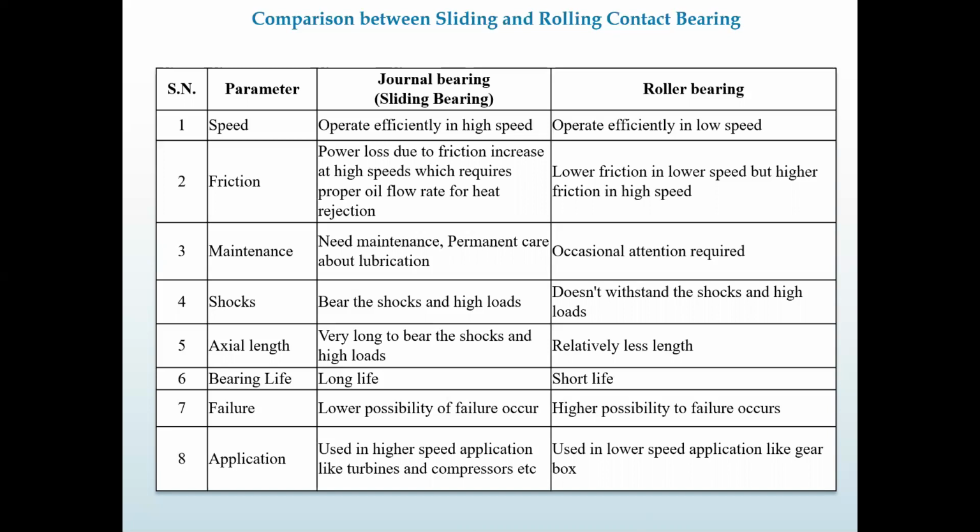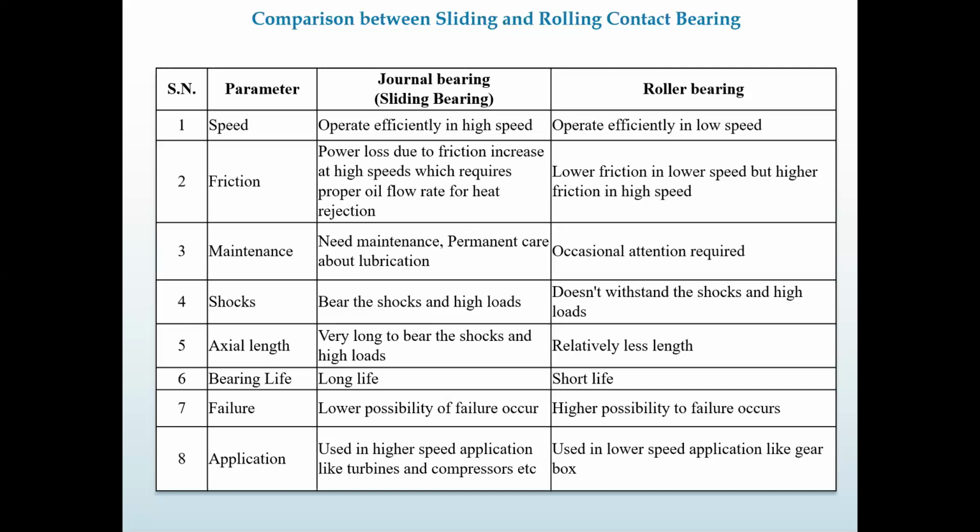From the maintenance point of view, a journal bearing requires very low maintenance, and we need not worry about it. But in a rolling contact bearing, occasionally we need to maintain it properly. About the shocks, a journal bearing bears shocks and high loads, but a rolling contact bearing doesn't withstand shocks and high loads.